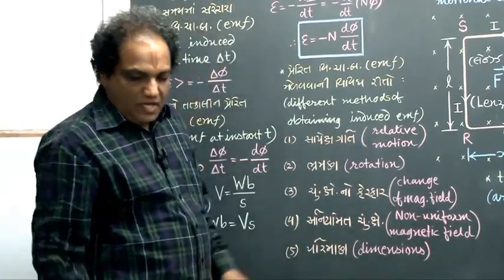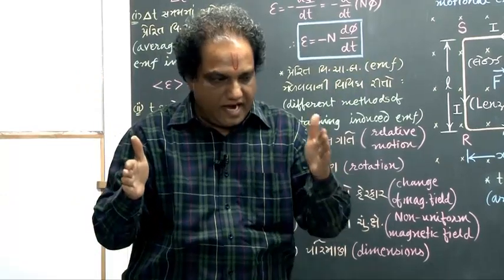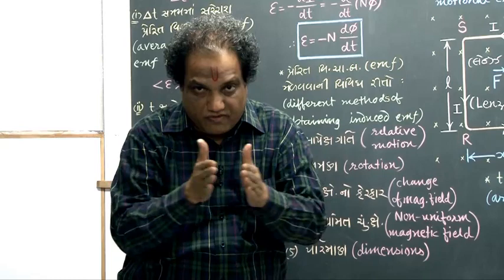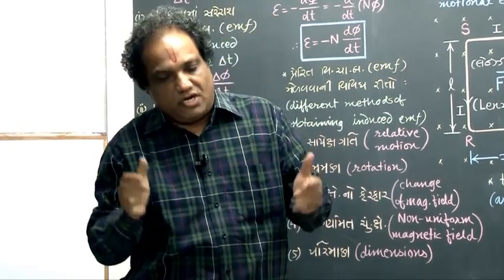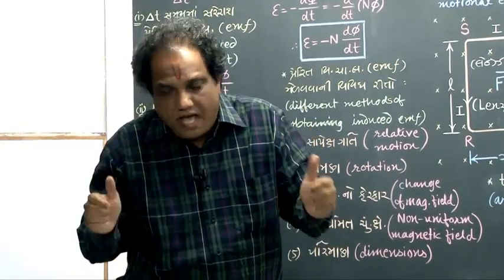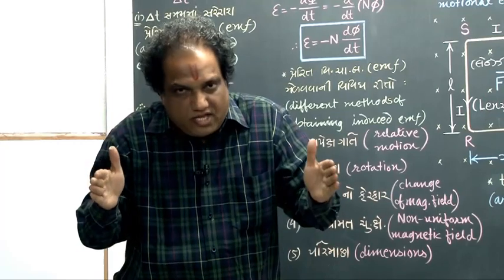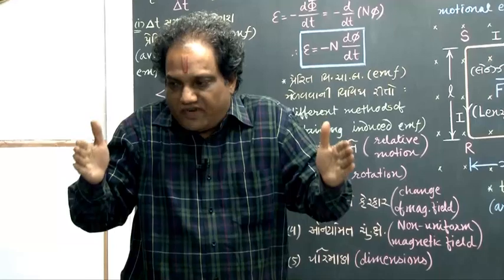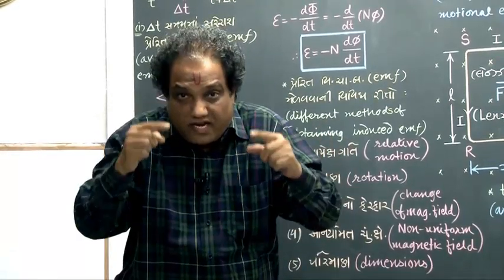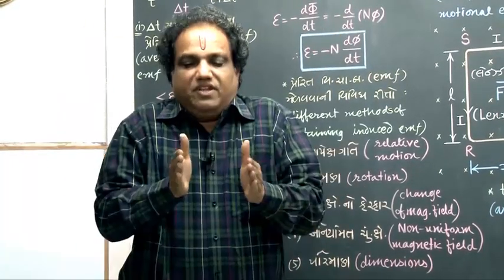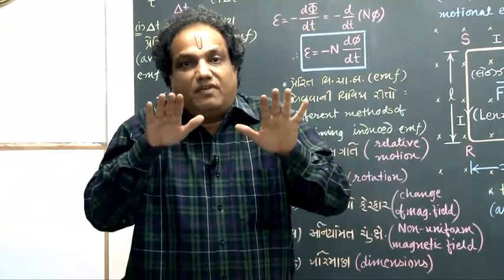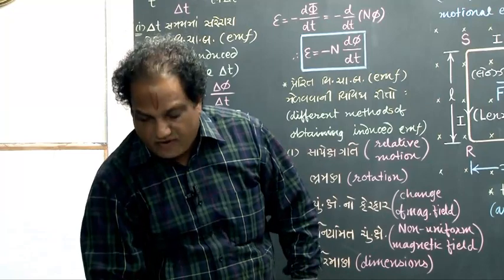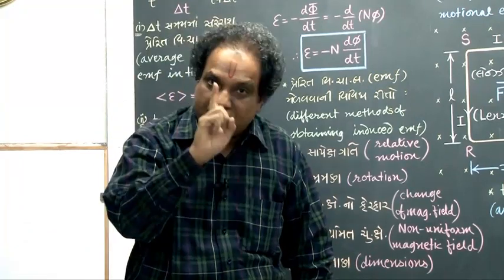If you have a magnet and a coil, and you produce relative motion between the two, then either the distance between magnet and coil will decrease or it will increase. If the distance is decreasing, then magnetic flux will increase, and if the distance is increasing, then magnetic flux will decrease. Whenever there is a change in magnetic flux, you will get induced EMF.